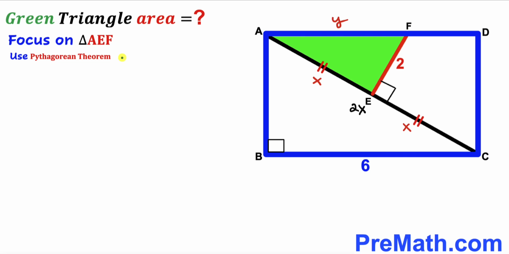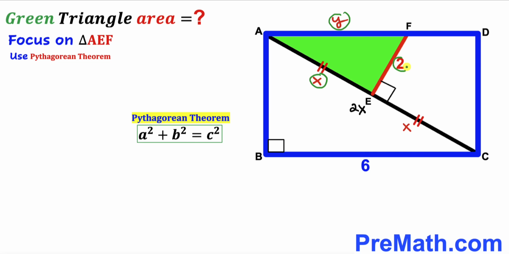And we are going to apply the Pythagorean theorem on this triangle. And here's our Pythagorean theorem: a square plus b square equals c square. In our case, our hypotenuse is y, whereas our 2 other legs are x and 2. Let's go ahead and fill in the blanks in this Pythagorean formula. So we got x square plus 2 square equals y square.